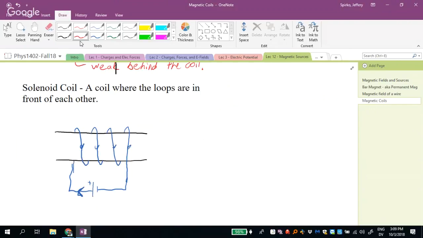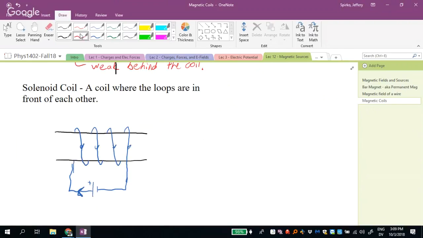And each one of these loops of wire can follow the right-hand rule for determining the direction of the magnetic field. So we wrap our fingers around the coil in the direction of the current, and our thumb shows us the direction of the magnetism. So up the back and down the front.